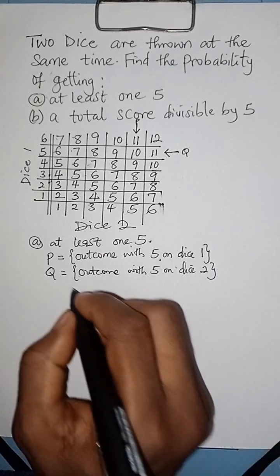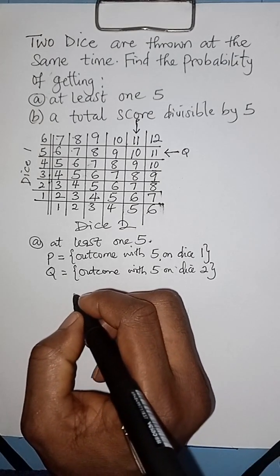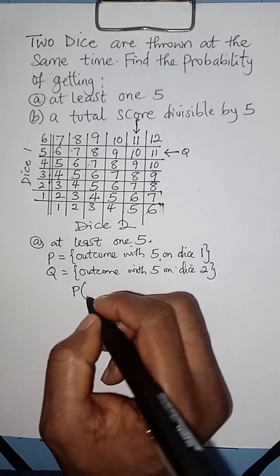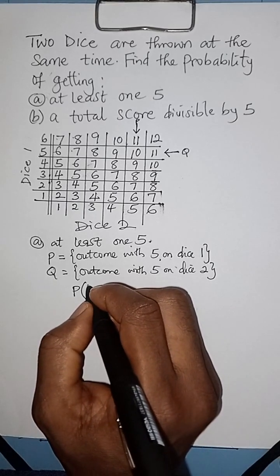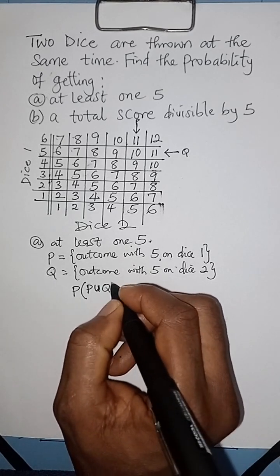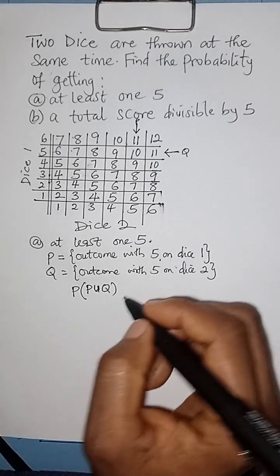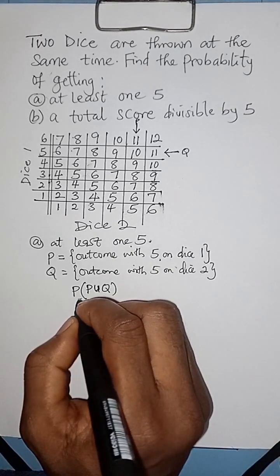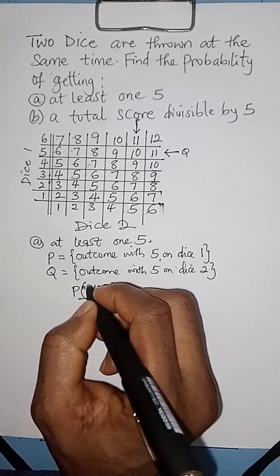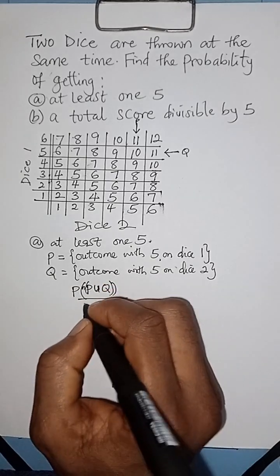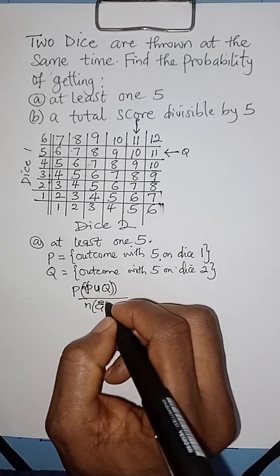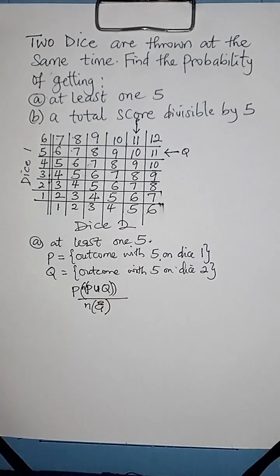So we're looking for the probability of obtaining P union Q, so this is going to be N divided by the entire set you have there.